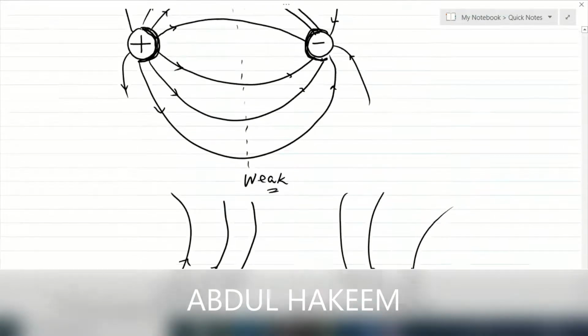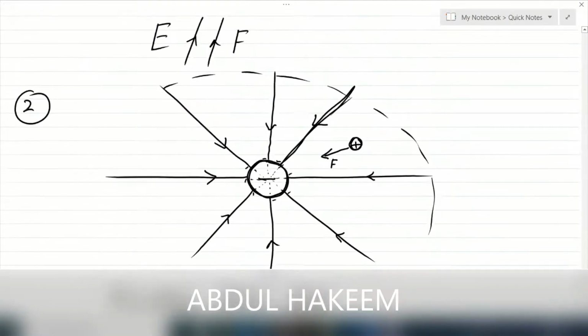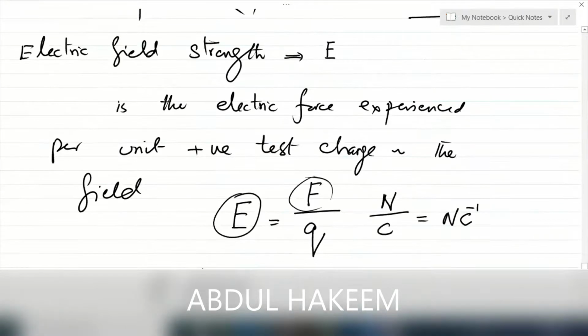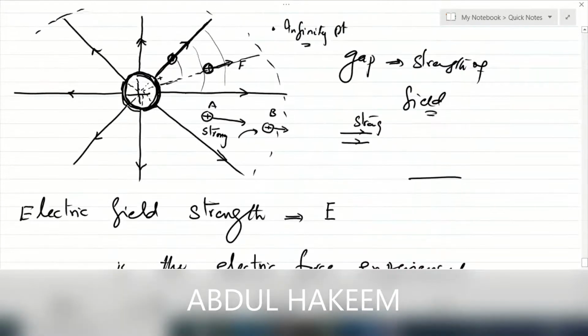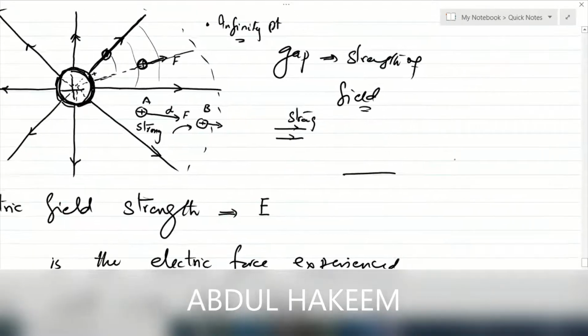Now, move to this previous. When force is exerted in the field, force is experienced by the object in the electric field, and some distance is covered by it along the force.